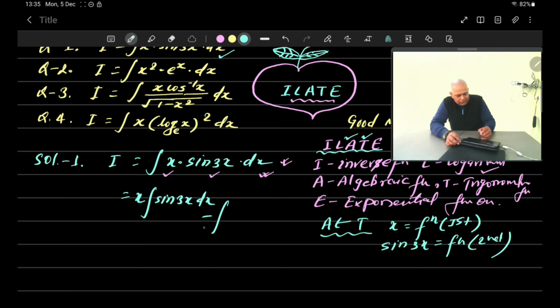Negative sign, now you have to differentiate the first function, and x is your first function, so you differentiate dx with respect to x here, and once again you have to integrate sine 3x times dx, and once again integrate all these functions with this dx.